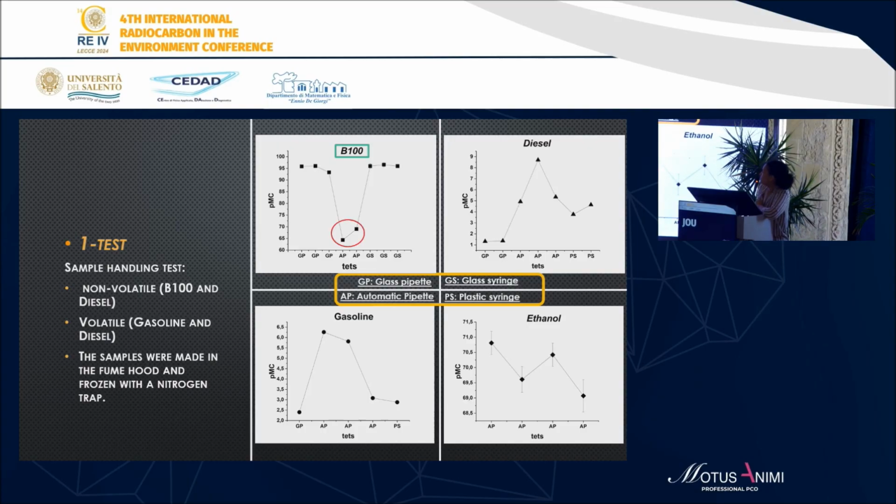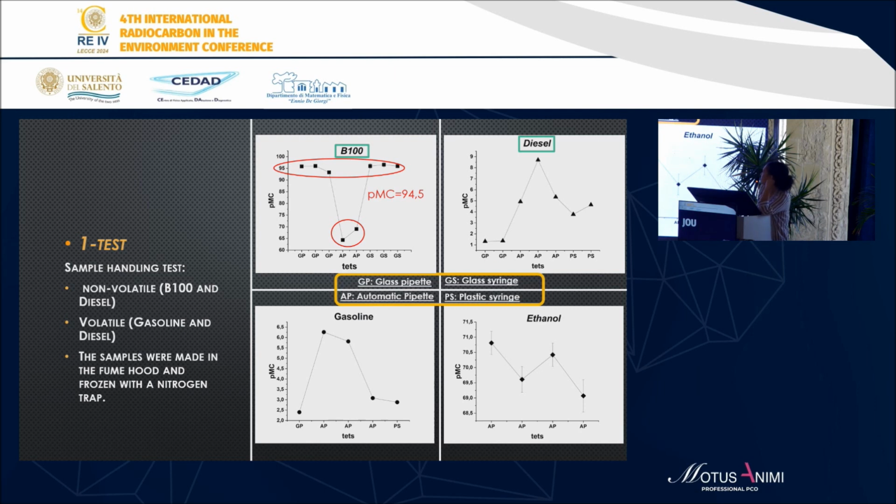For the automatic pipette, the result PMC was around 70. When I compare with the other test, the result was around 95, and the expected value is 94.5. So in this case, the automatic pipette was the worst. Diesel is a fossil source.